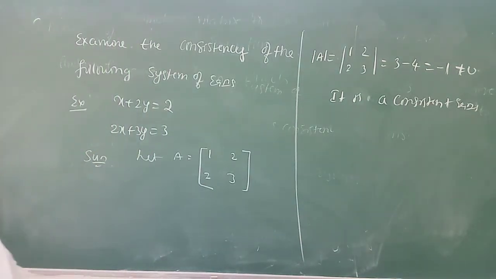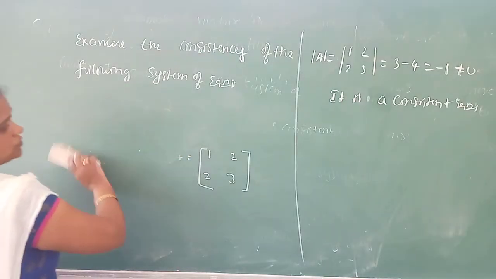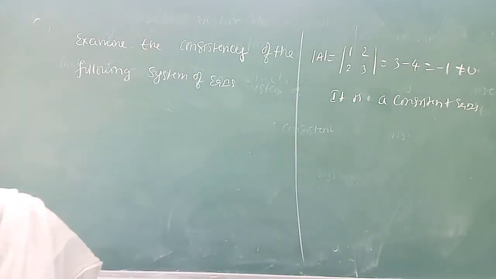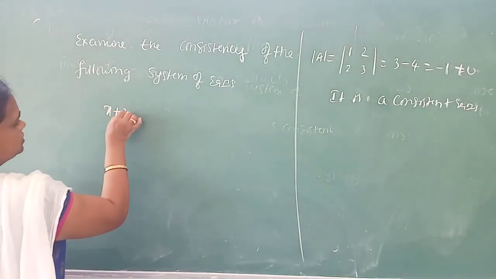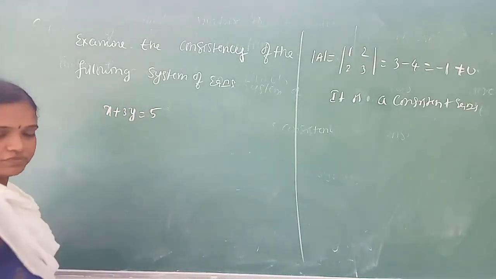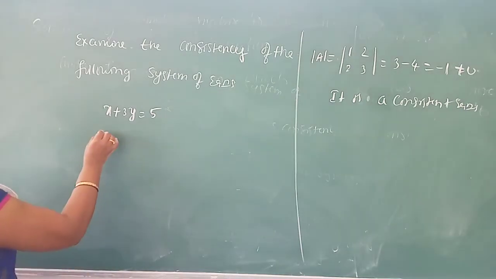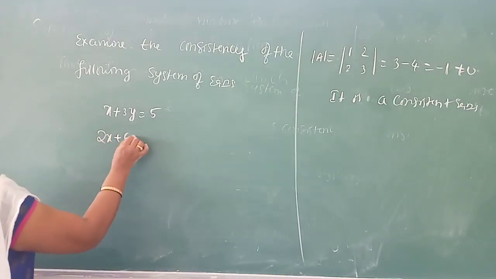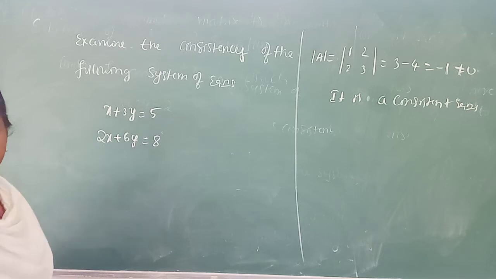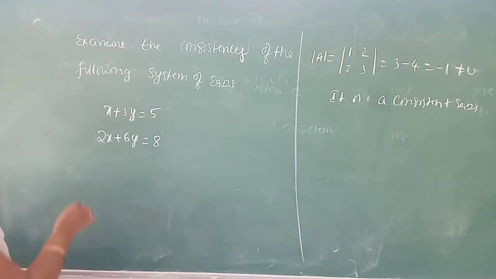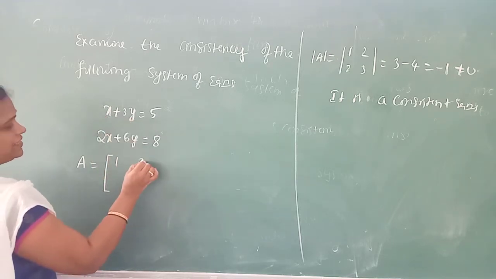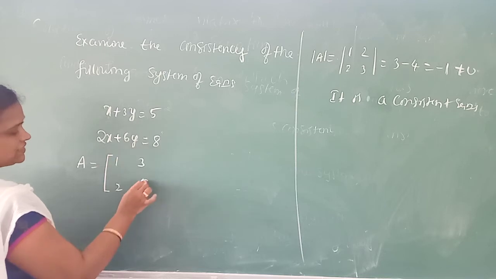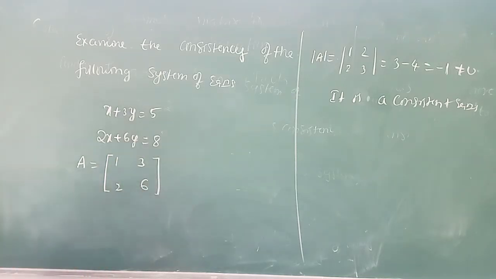Next example: x plus 3y is 5, 2x plus 6y equal to 8. For that I will consider matrix A, the coefficients of x and y: 1, 3, 2, 6.